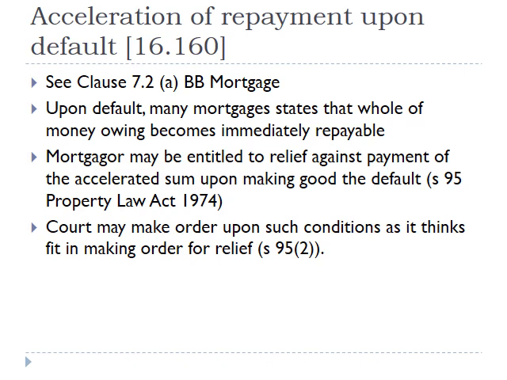The other clause which we should look at, that's clause 7.2 in the Blackboard mortgage, is acceleration of payment. Now, these clauses are very common in land mortgages. It says upon default, effectively, the whole of the money becomes immediately repayable.